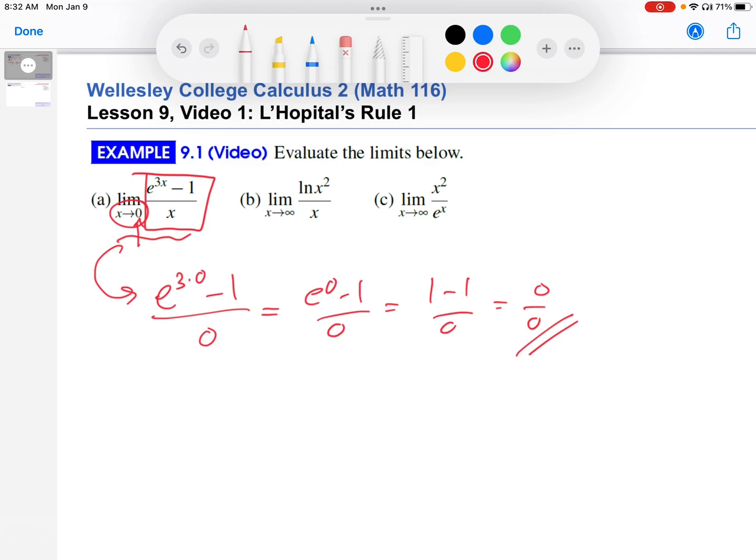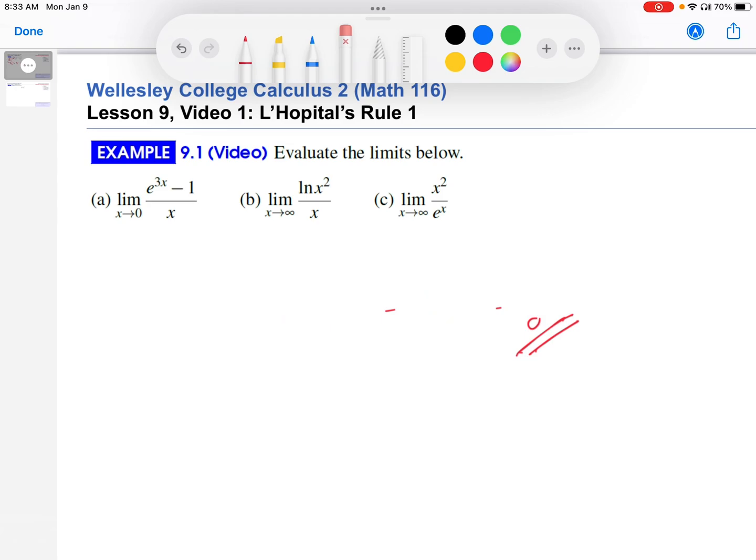But again, the limit has to be tending to 0 over 0 or infinity over infinity, so that's another constraint. There's not really anything we can do algebraically here to simplify this function. So the limit does tend to one of the indeterminate forms that L'Hopital's rule treats, so we are going to go ahead and apply L'Hopital's rule.